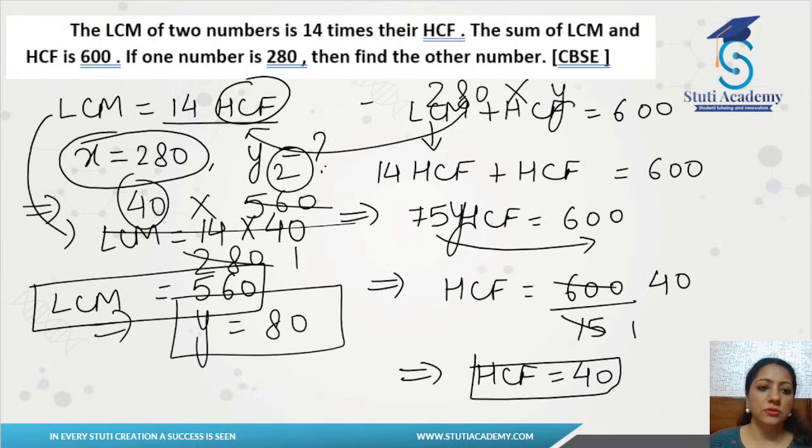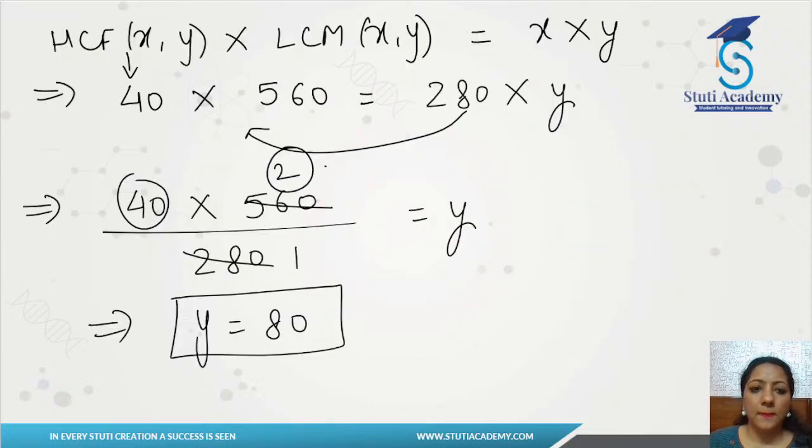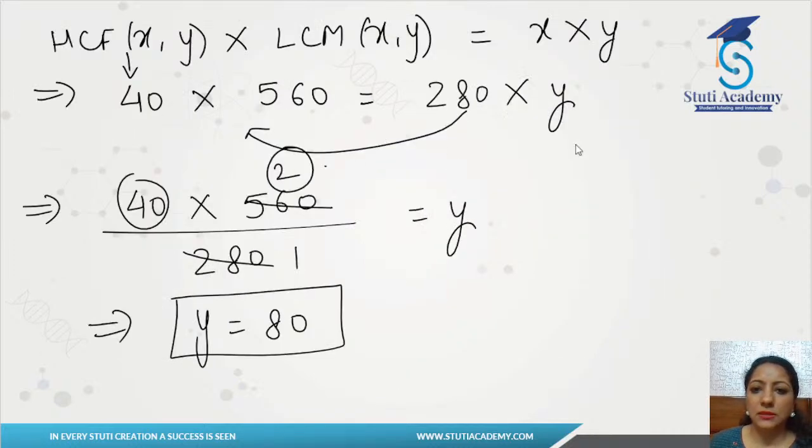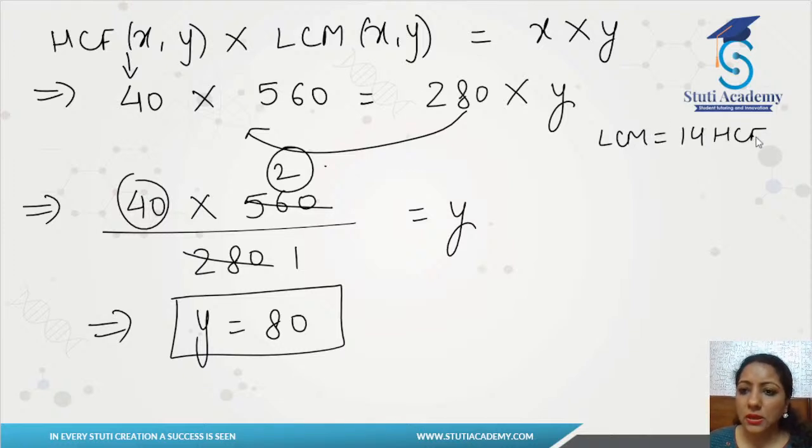Children, I'm repeating this question. The LCM of two numbers is 14 times the HCF, and the sum of the LCM and HCF is 600. So we have LCM as 14 times HCF, and the LCM and HCF add up to 600.